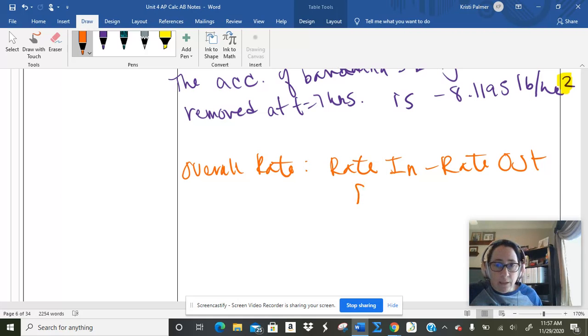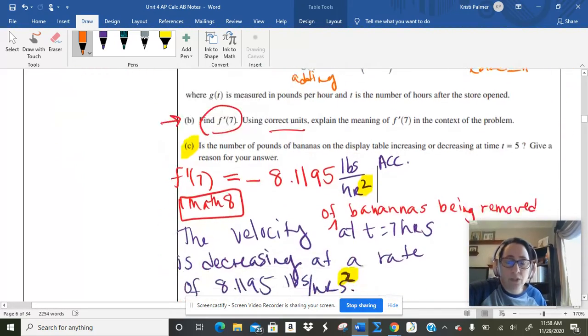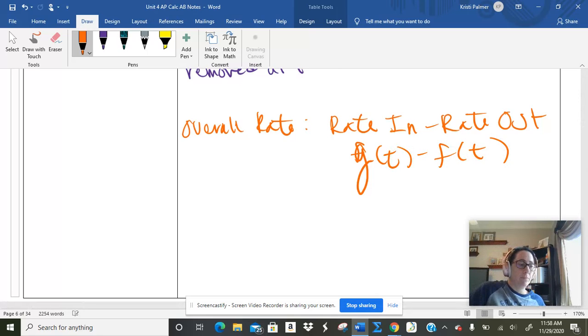So what was the rate in? It was G of t, and the rate out was F of t. So if I want to see my overall rate at time 5, then I need to do G of 5 minus F of 5 in my calculator.